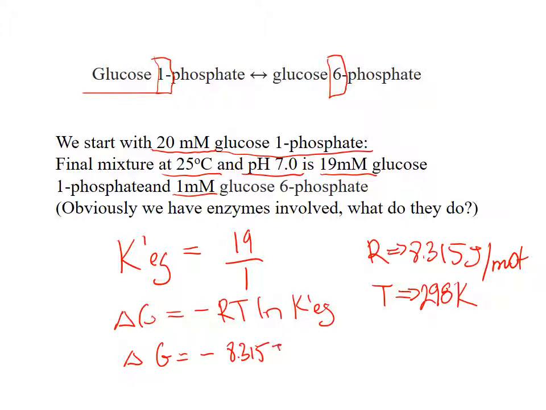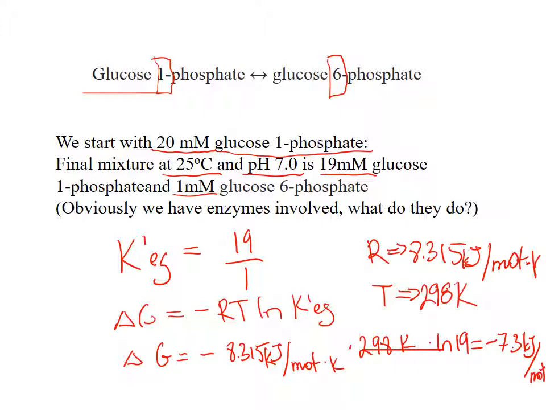So delta G is therefore equal to 8.315 joules per mole Kelvin times 298 Kelvin times ln of 19, which equals negative 7.3, sorry, this is kilojoules, kilojoules per mole.